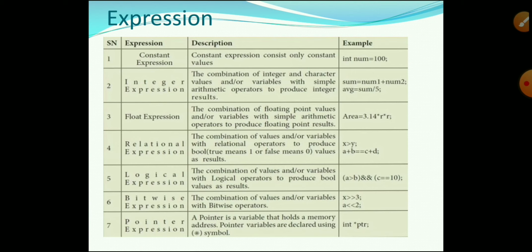Next is the seventh one, pointer expression. A pointer is a variable that holds a memory address. We use the star symbol in a C++ program. When we use that star symbol, it finds the address of the variable, the memory address where the variable value is stored. If a is the variable name, and a has some value, that value is stored in your computer.